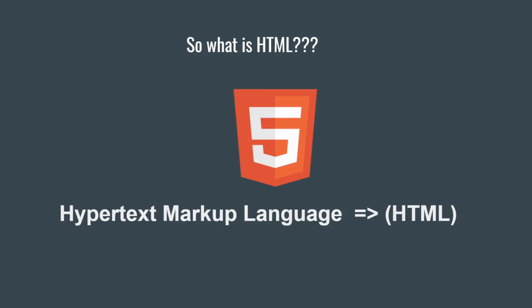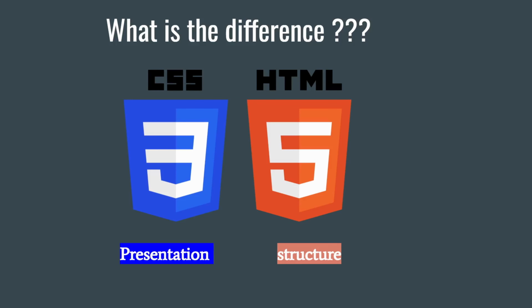Hypertext means the text that takes you from one place to another on the internet, like the links on Facebook, links on YouTube or Instagram. These all are hypertext. So this is the first concept, that HTML is the language that is responsible for making the first structure of the web pages.